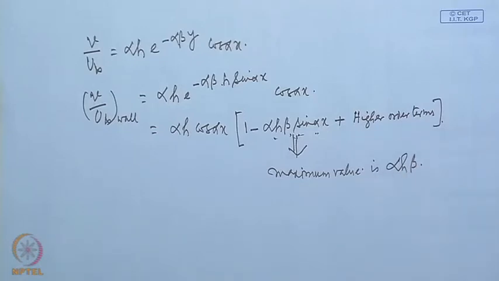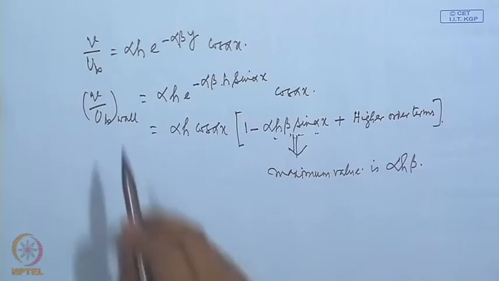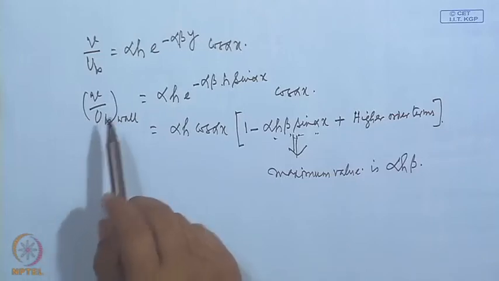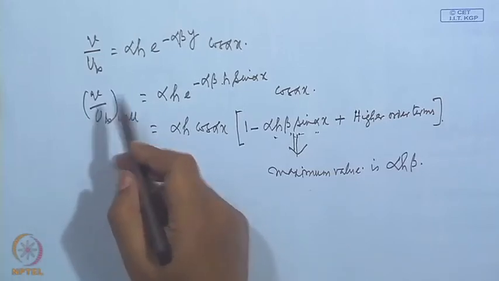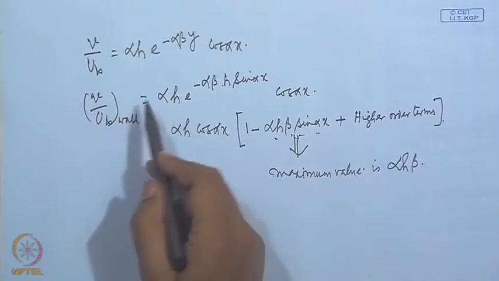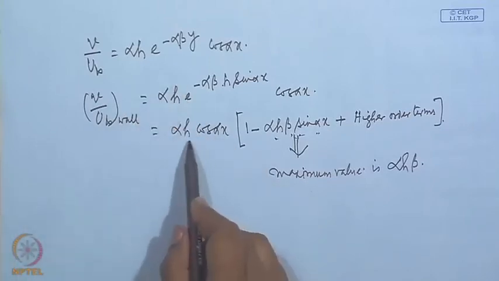Now, in our small perturbation theory, we have approximated that v by u infinity wall is v by u infinity at y equal to 0, that is only this much.